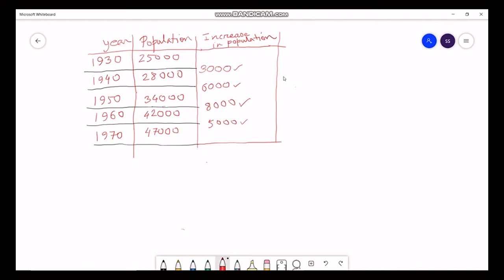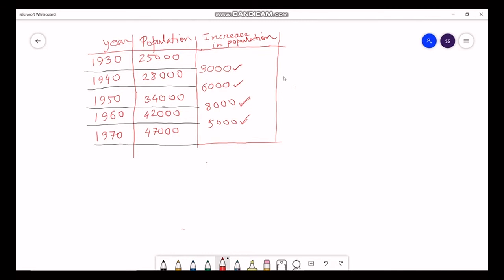Between 1930 and 1940, the increase in population was 3,000. From 1940 to 1950, the increase was 6,000. From 1950 to 1960, the population increase is 8,000, and between 1960 and 1970, the population increase was 5,000.